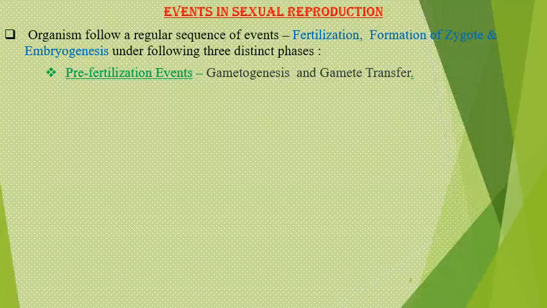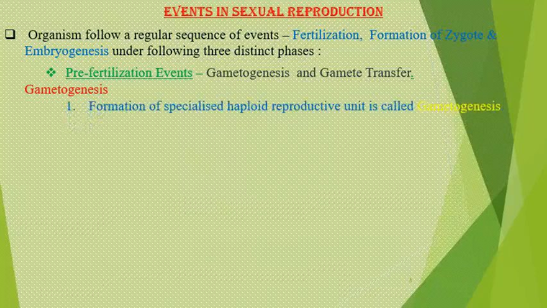Gametogenesis and gamete transfer are considered under the pre-fertilization events. What is the meaning of gametogenesis? This term is not new for you all; it represents the formation of gametes, which are haploid in nature.